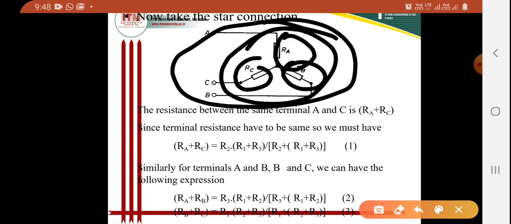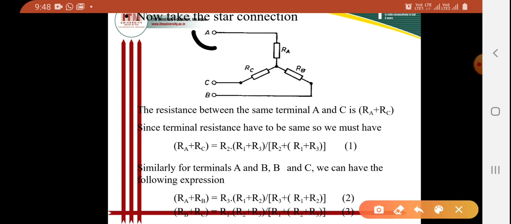So now when I am considering the terminals A and C and calculating the equivalent resistance, what is the thing we have to do?